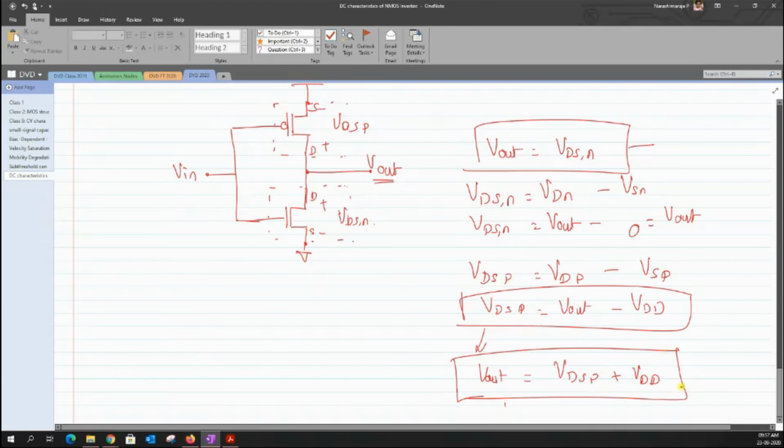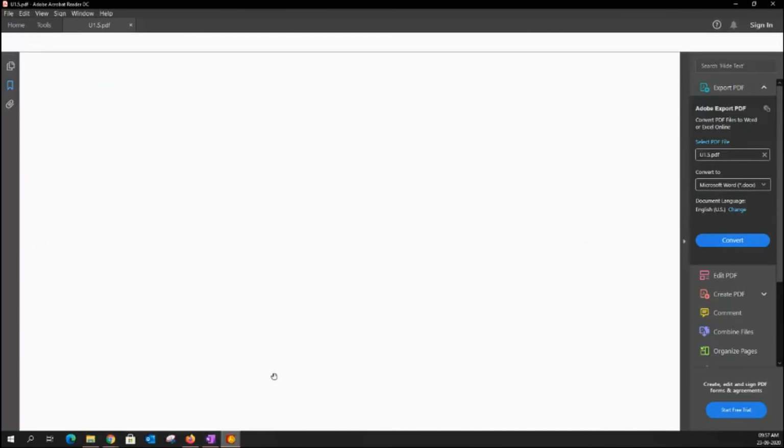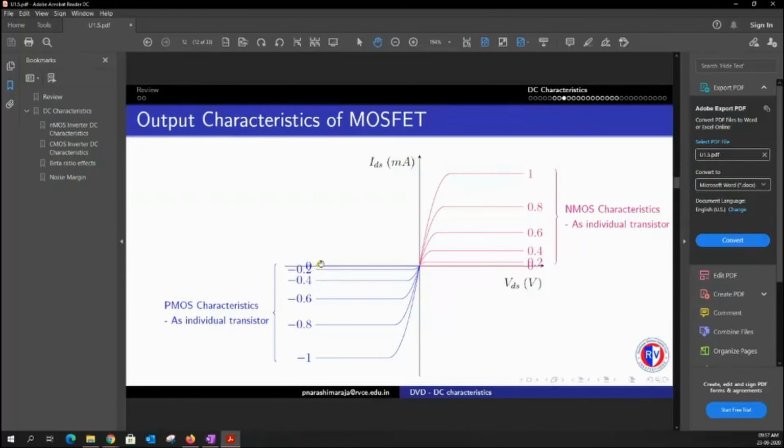Both of these expressions have to be satisfied by this set of equations. Clear? So having got this equation, now let us try to shift this plot. I want to shift each and every point that I have here towards the right side. Say for example, I'm talking about a current at this particular origin, where I have VDSP equal to 0.